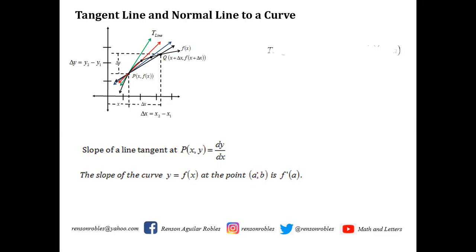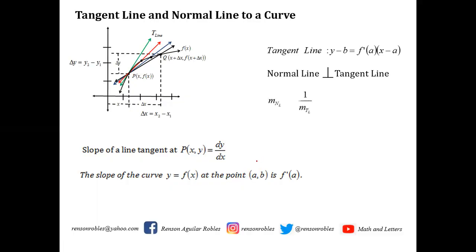And to find the equation of the tangent line, we use the point-slope form given by y minus b equals f'(a) times x minus a. And then to find the equation of the normal line, we know that the normal line is perpendicular to the tangent line. So therefore, their slopes are negative reciprocals of one another.